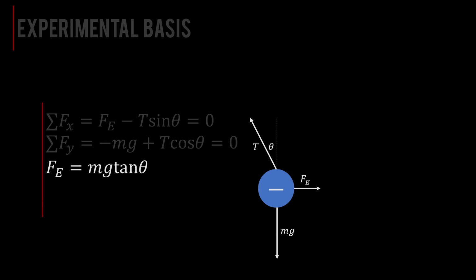And what we would find is this relationship, where the magnitude of the electrostatic force is equal to some constant, we're just going to call K for the time being, times the magnitude of the product of the two charges divided by the distance between the charges squared.